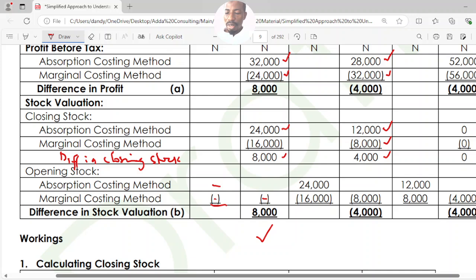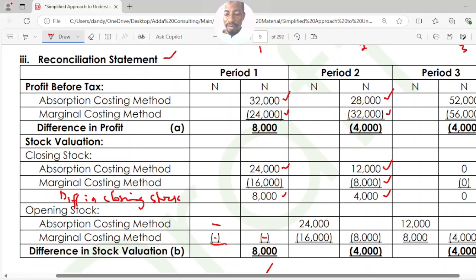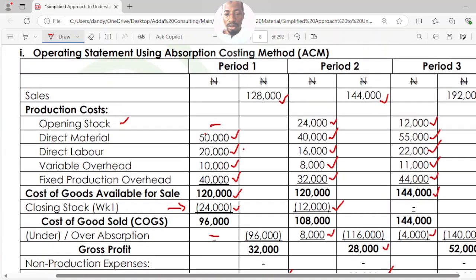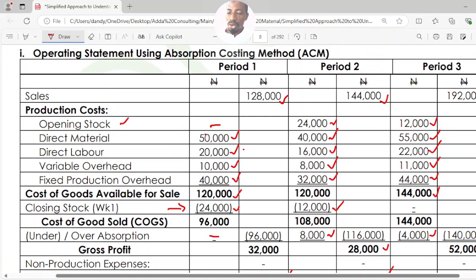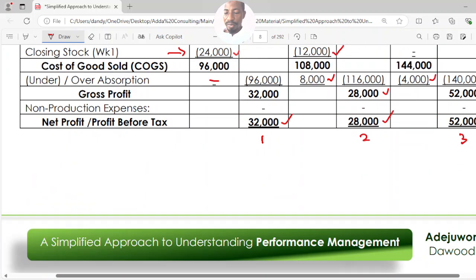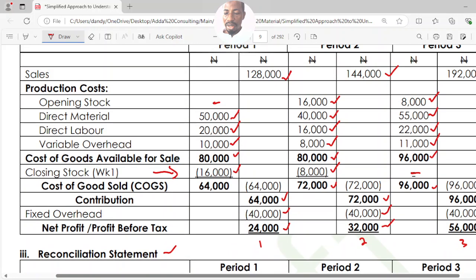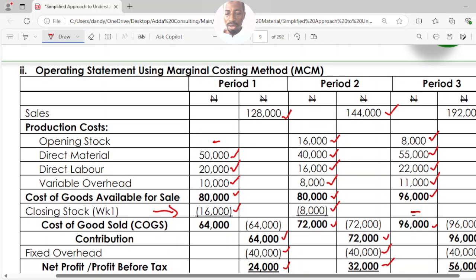Then the next thing I need to do now is to determine difference in opening stock between the two techniques. So in the second period under absorption, what is opening stock? Opening stock is 24,000. That's the 24,000 you are seeing here. Under marginal, opening stock for the second period is 16,000.